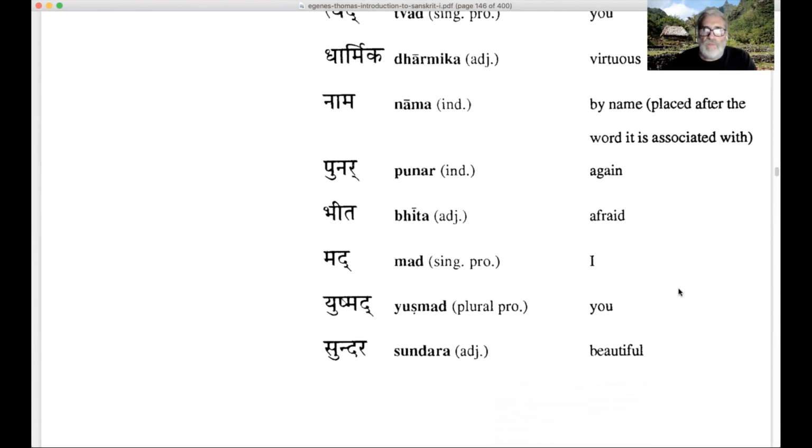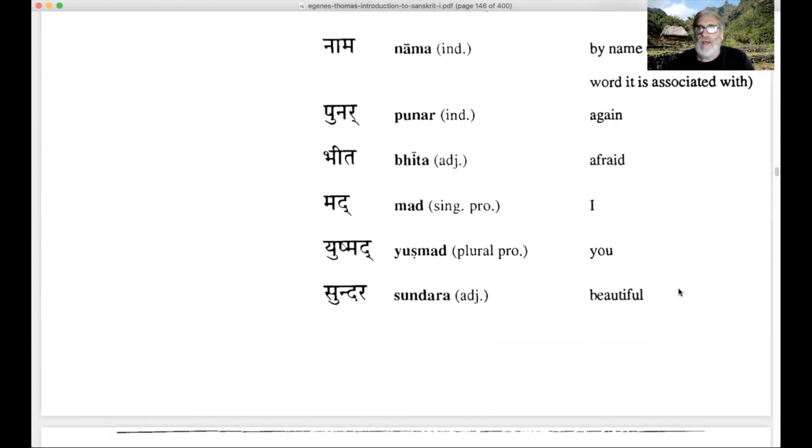Okay, so then we have punar, again, we often see it as punaha, again and again. So it's an indeclinable. Even though it's an indeclinable, that doesn't mean that the ending doesn't change with sandhi. Just remember that. Normally with indeclinables the endings don't change, but they do change with sandhi.